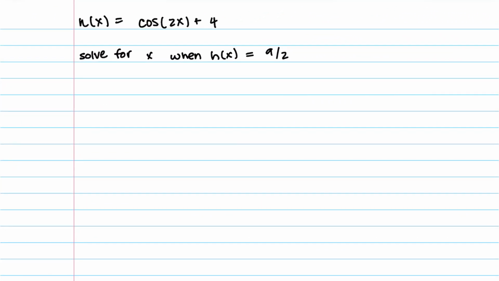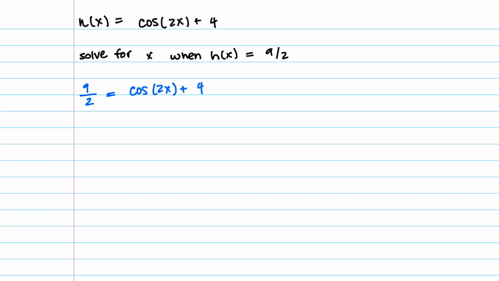Alright, so for our last example, we have a function h of x, which is equal to cosine of 2x plus 4. We want to solve for x when h of x assumes a value of 9/2. So we can set up our equation and say that 9/2 is equal to cosine of 2x plus 4.